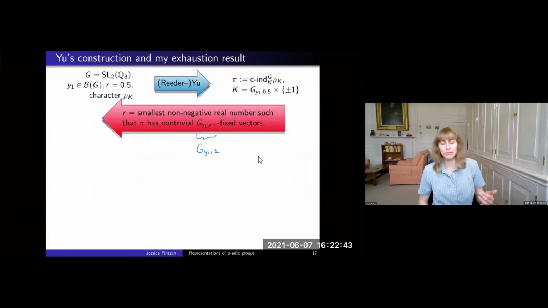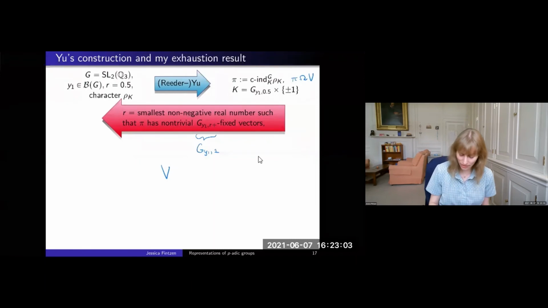And so we just go down our filtration of compact open subgroups until we find a subgroup that has a fixed vector. And once we have the subgroup, now we know that actually that means we have our vector space. So say that's the representation pi_x on a vector space V. That's our representation.